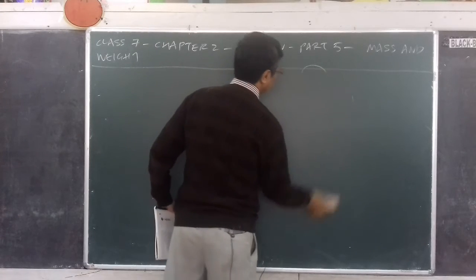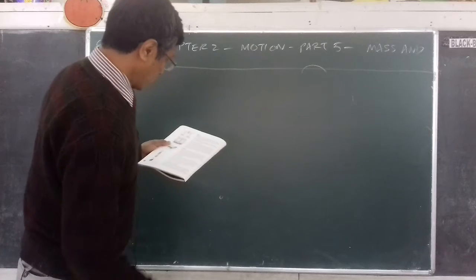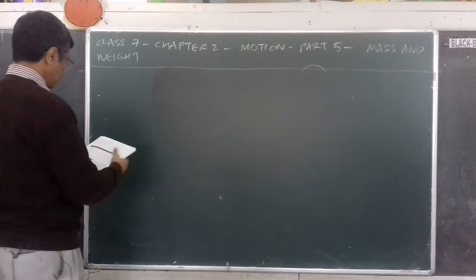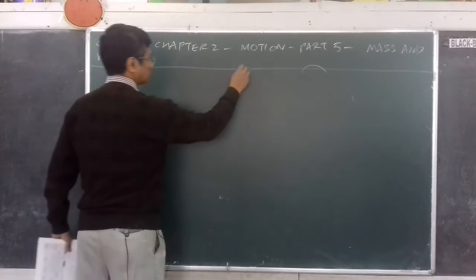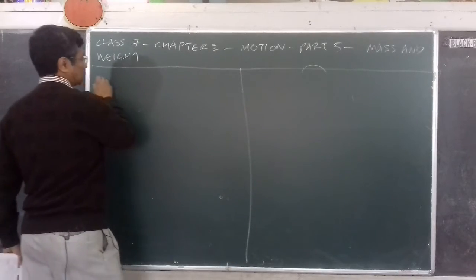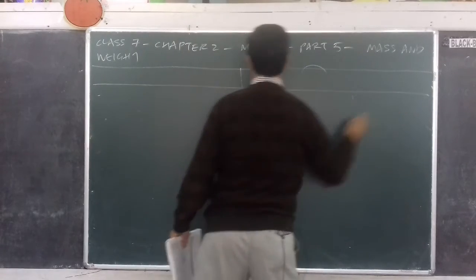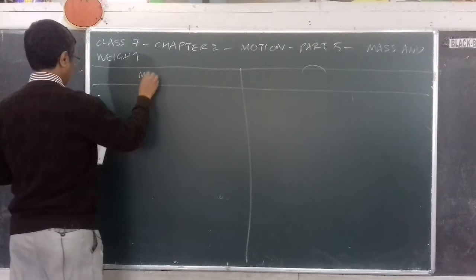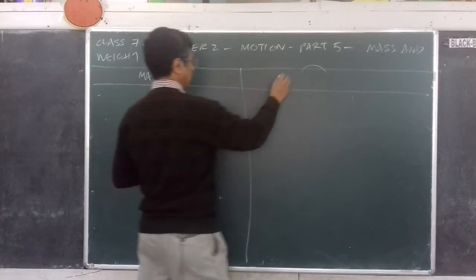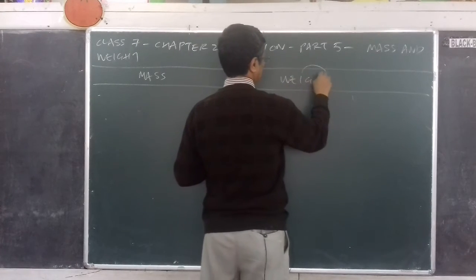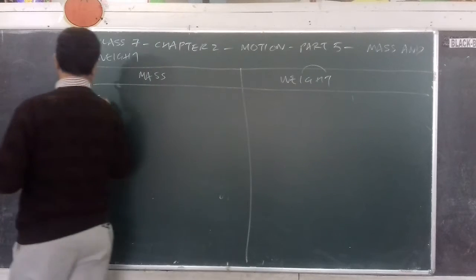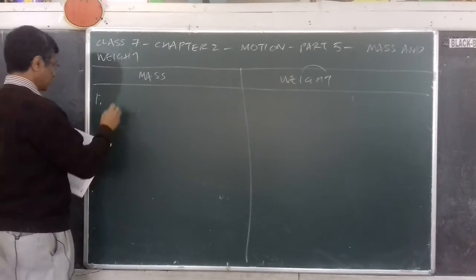Now that we have learned about mass and weight, let us learn about the differences between mass and weight. Let me draw a table in which I will write mass on the left and weight on the right. We'll discuss a few differences. The first one is the definition.